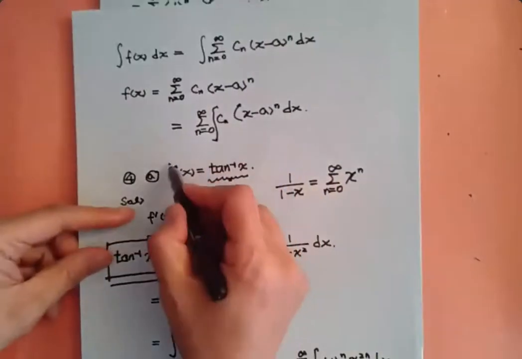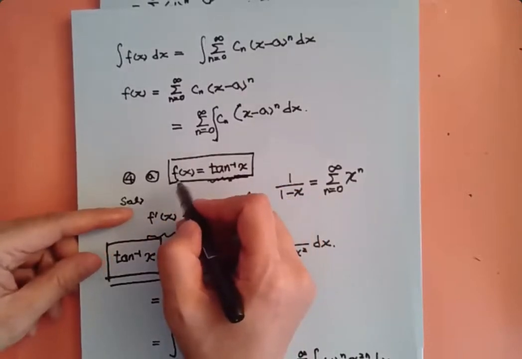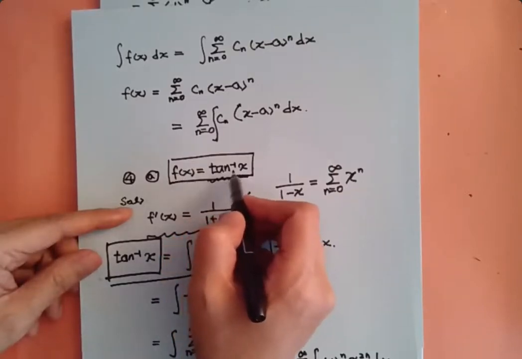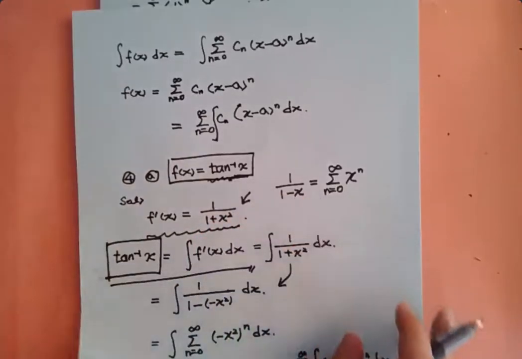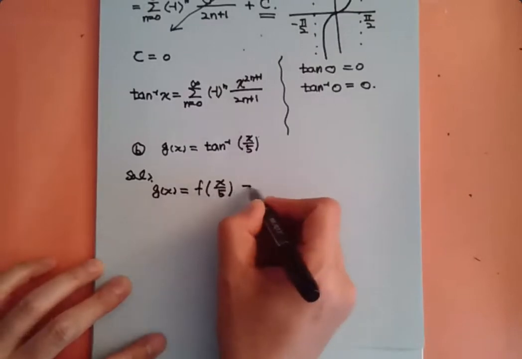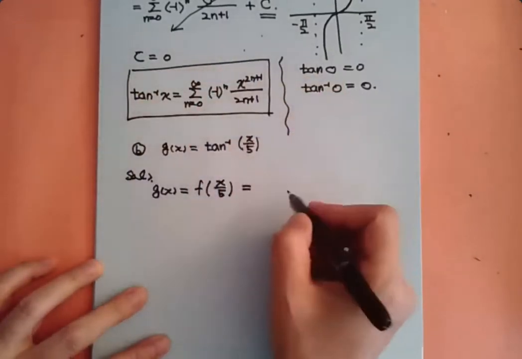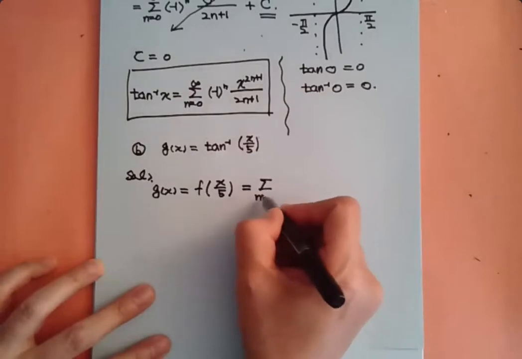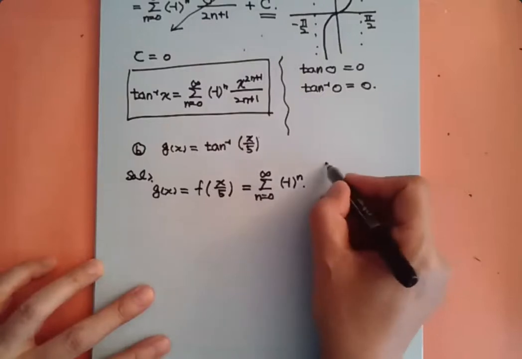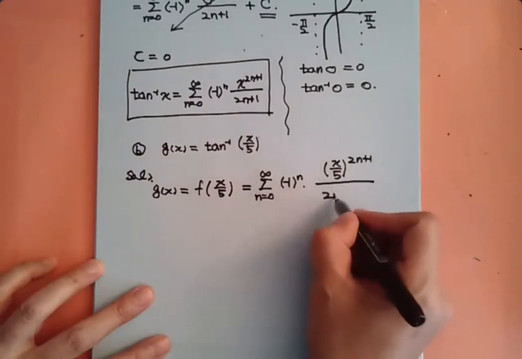So we can say that g of x is f of x over 5, and so tangent inverse of x over 5. So we already did the expansion. So that equals the summation n equals 0 to infinity of negative 1 to the n power times (x over 5) to the 2n plus 1 over 2n plus 1.